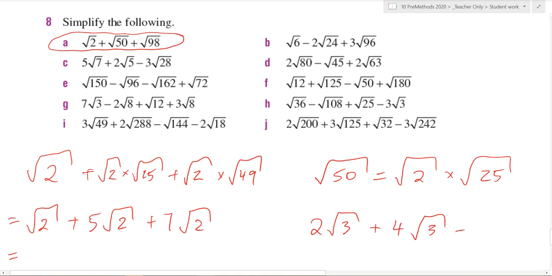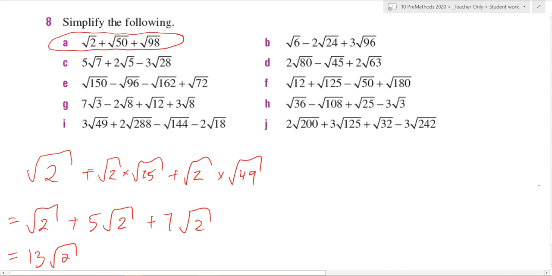All you do is add the numbers out the front of the surd. 2 plus 4 is 6. For this one, we add all the numbers out the front: there's an invisible 1 out the front, plus 5 is 6, plus 7 is 13. So 13 square root 2.